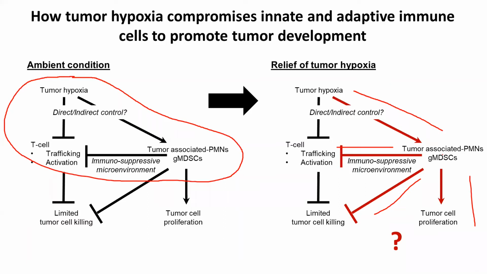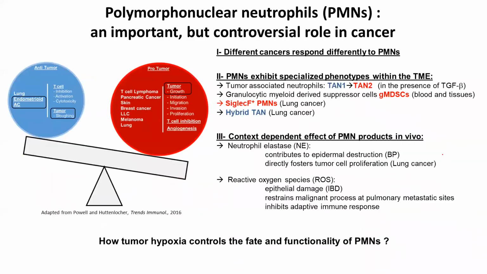Adding complexity to this system, polymorphonuclear neutrophils are thought to play an important but controversial role in cancer. Indeed, in humans, an elevated number of neutrophils in the blood is often associated with a poor prognosis in many kinds of human cancer.